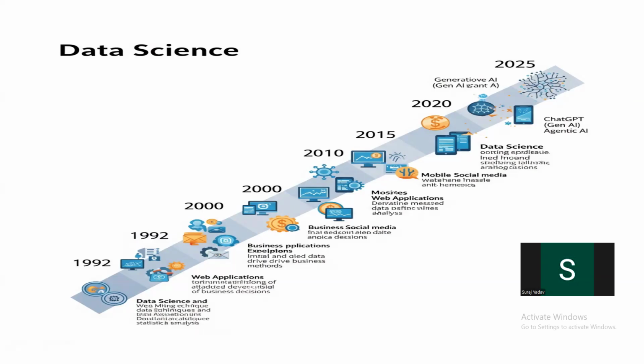After 2008, around 2010, everybody wanted a presence through mobile and then social media. Then we had the ChatGPT release, and then Gen AI and Agentic AI till now.